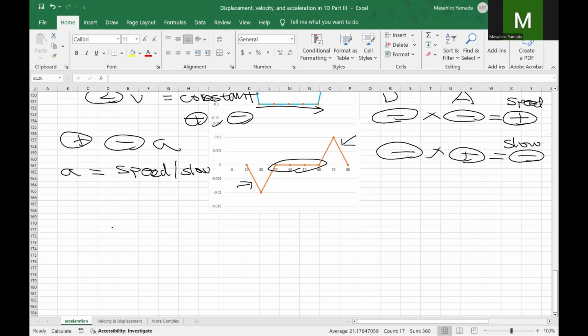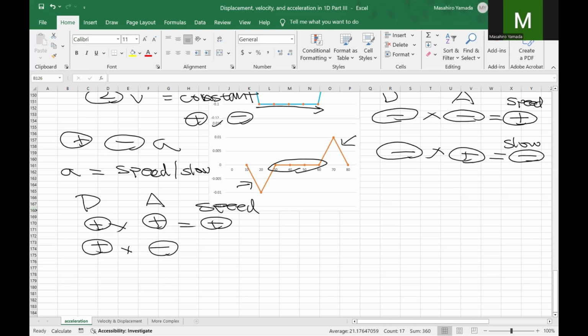So in summary, if the direction is positive and the acceleration is positive, you do a multiplication of the signs, positive. This indicates speeding up. And if the acceleration is negative but the direction is positive, negative times positive is negative, which gives you the indication of slowing down.